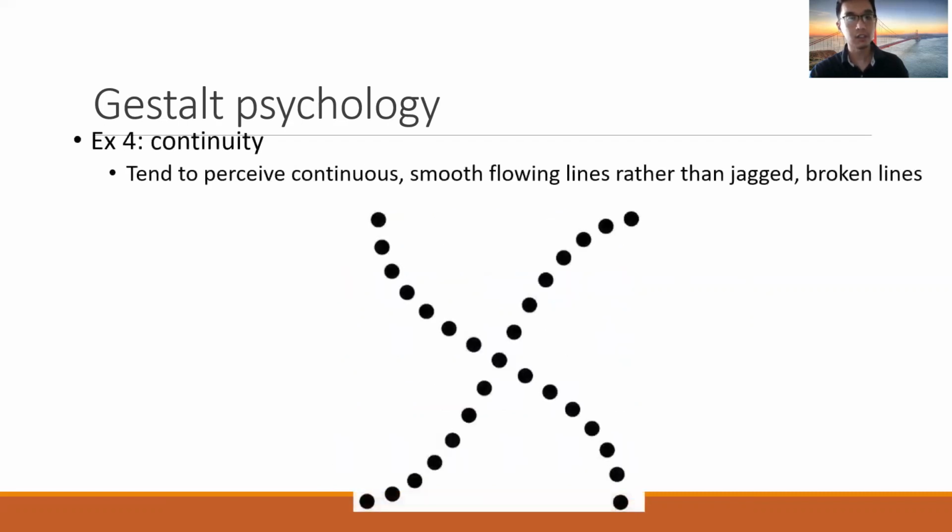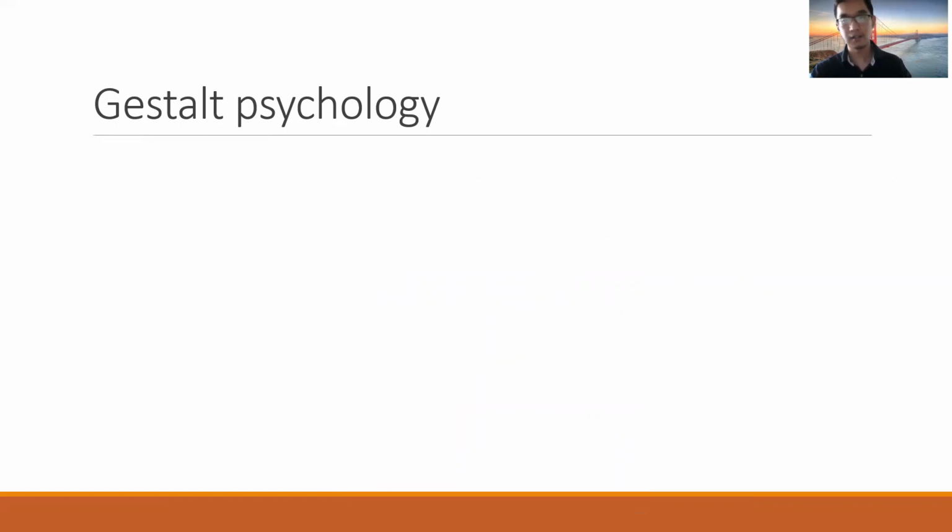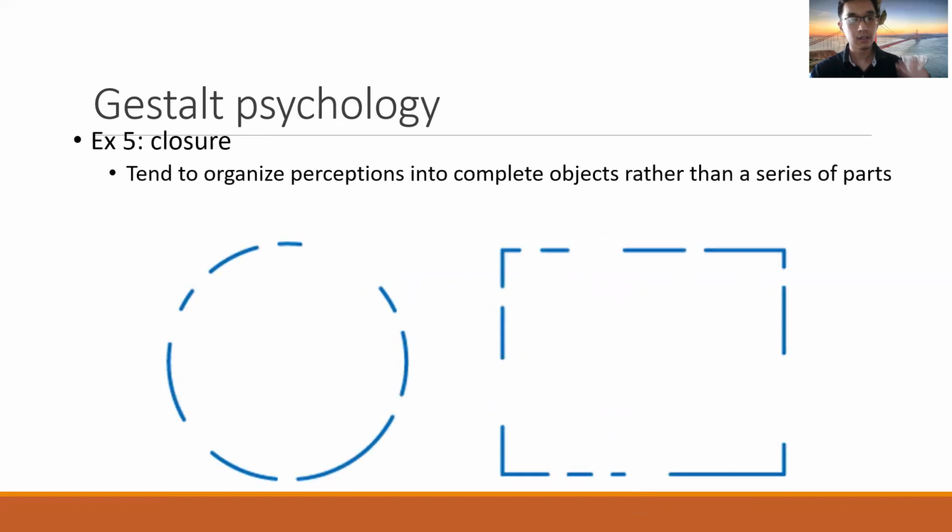Next one, continuity: we tend to see continuous, smoothly flowing lines. The next principle, closure: we tend to organize perceptions into complete objects. So these are the 5 Gestalt principles of how people perceive objects.